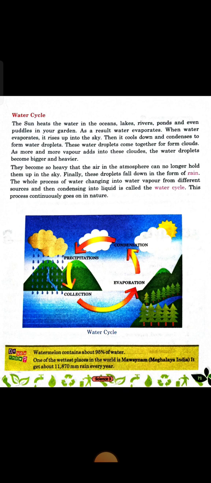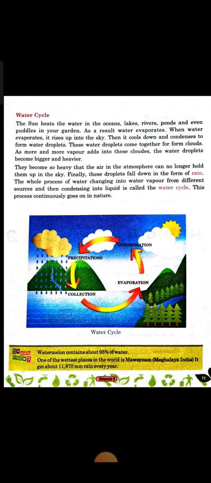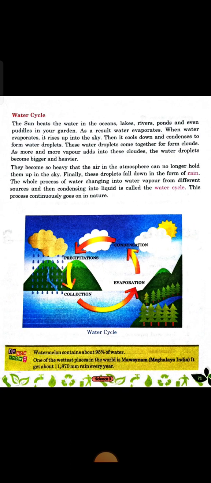That is the reason why after too many long sunny days, it starts to rain, because the water droplets continuously get collected and it forms clouds. When the cloud becomes heavy, it comes down in the form of rain. As more and more vapor adds into these clouds, the water droplets become bigger and heavier.